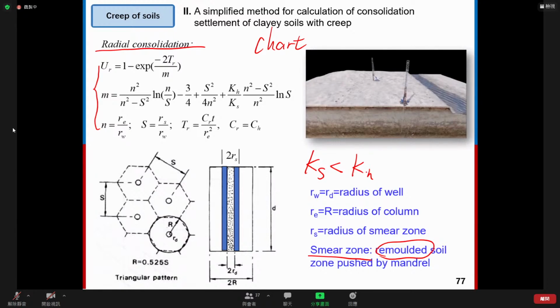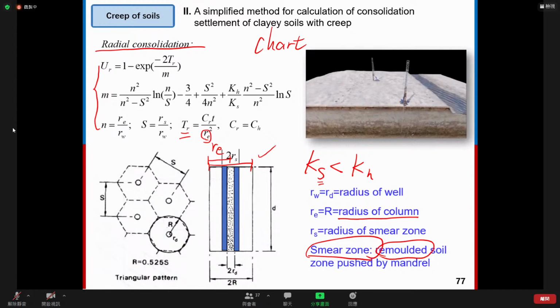So Ks will be smaller than Kh. This S means smear zone. We discuss here with this schematic drawing. And I also remind you, this Re is the equivalent radius of this column. This is a column, so half of it is equal to Re.